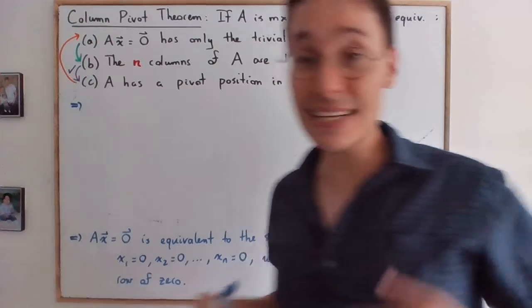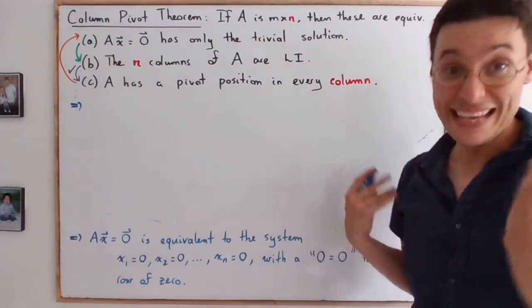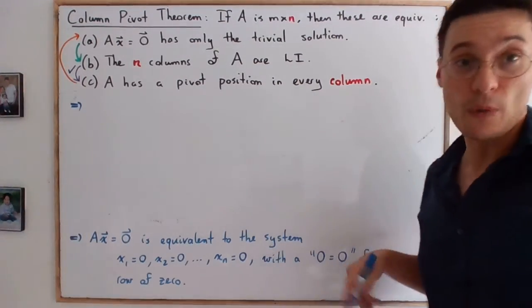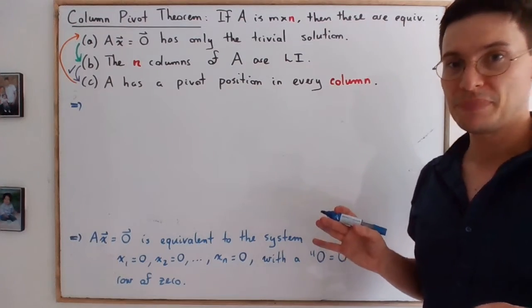And as you can see, this equivalent system is consistent. The 0 equals 0 equations can just be ignored.